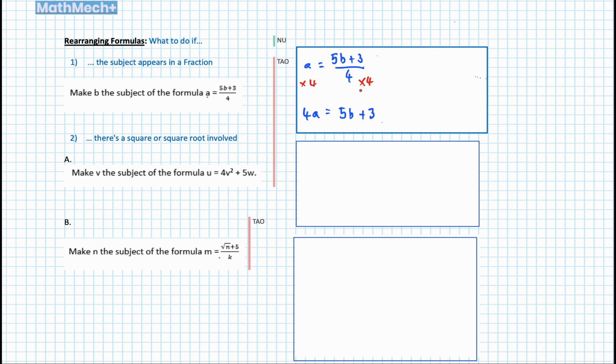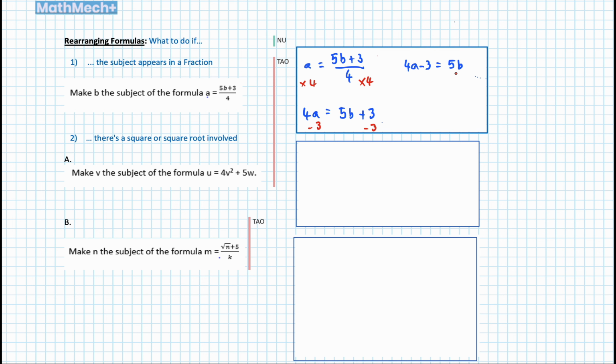Next part, we want to get b on its own. So this constant of plus 3, what's the inverse, or the opposite? Minus 3. So again, 4a minus 3 is equal to 5b.